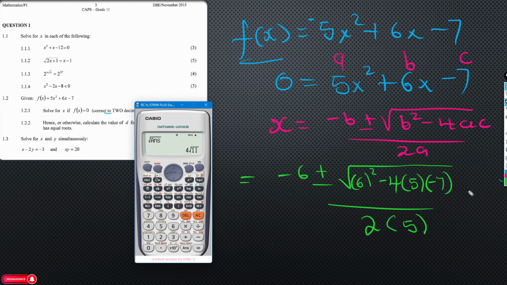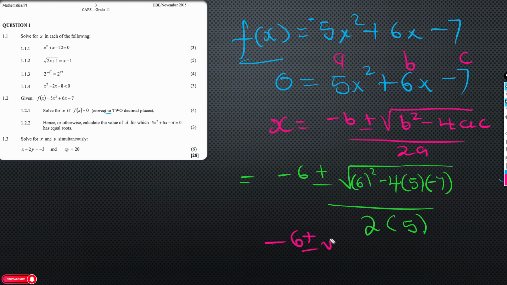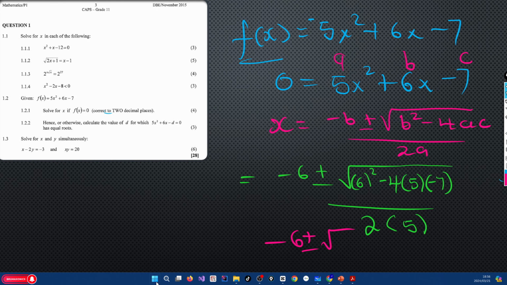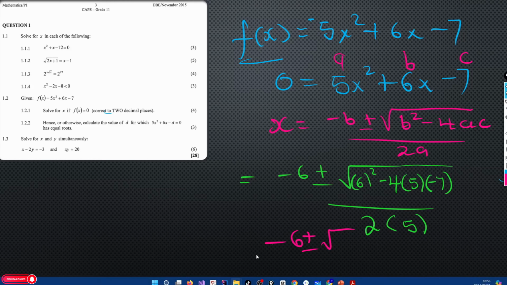this is equal to negative 6 plus or minus the square root of, let's see, where is the calculator? I don't remember the answer there. Let me try to find the calculator.